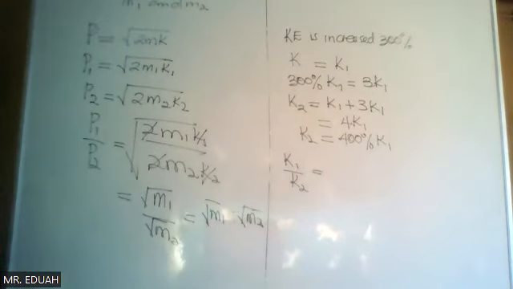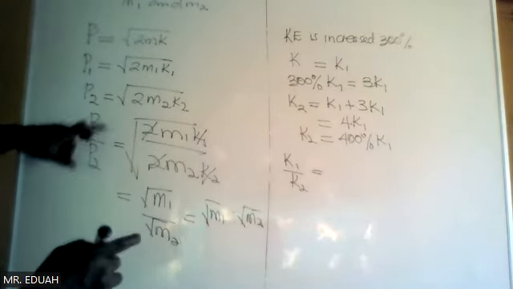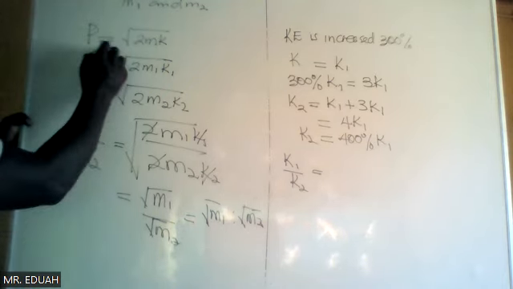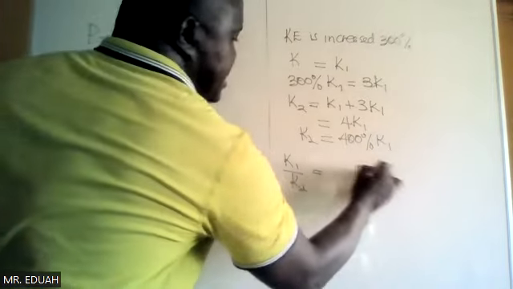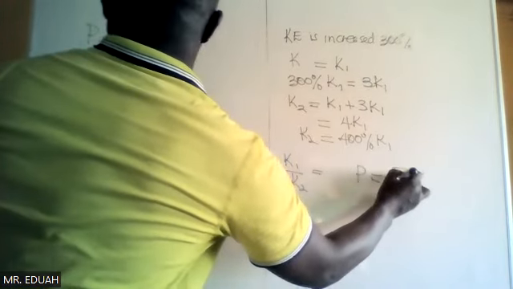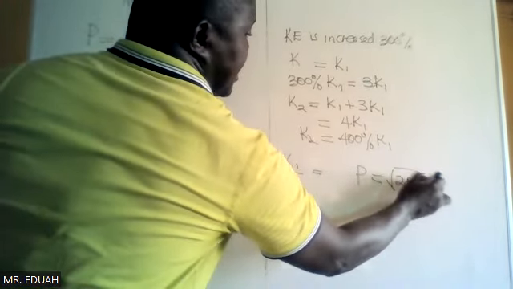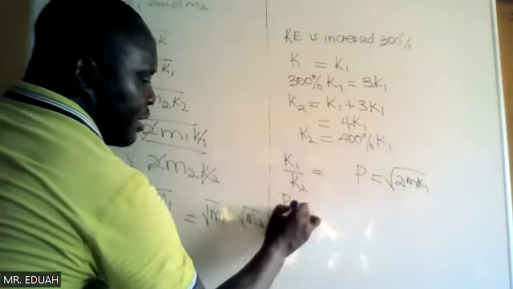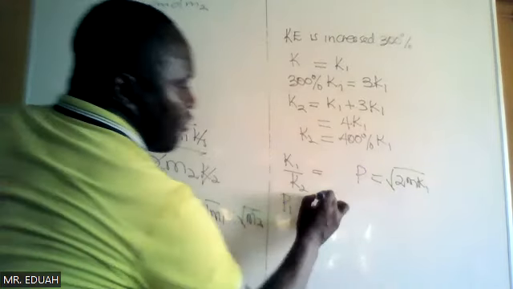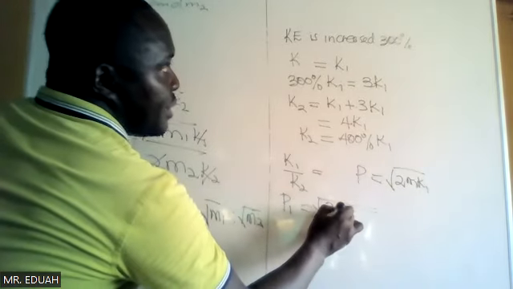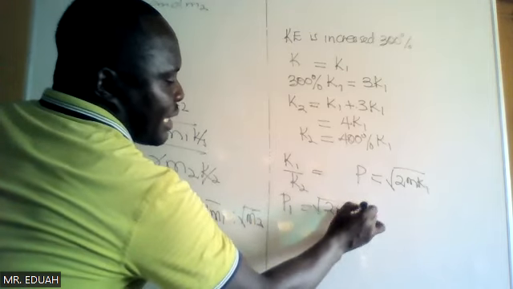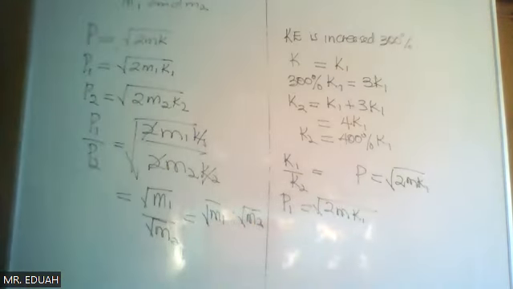I know that kinetic energy relates with momentum by this formula: P is equal to root of 2mK. So P1 will be equal to root of 2m K1, and K1 is 100%, just K1.